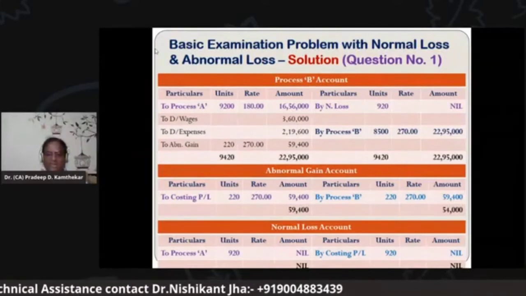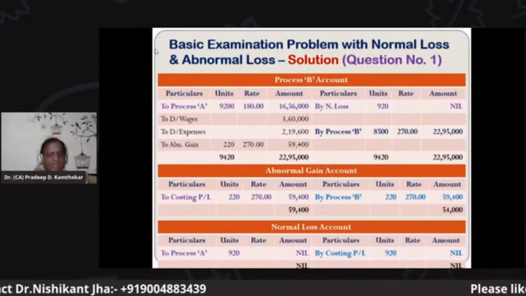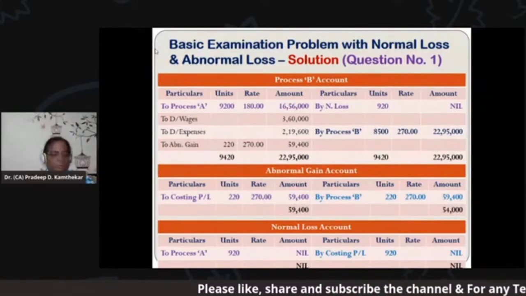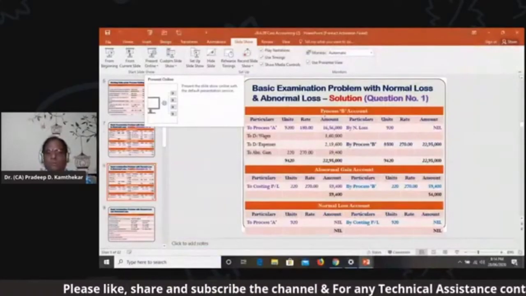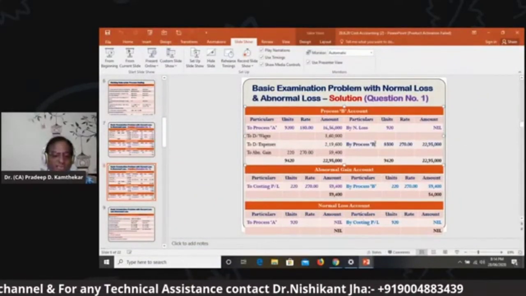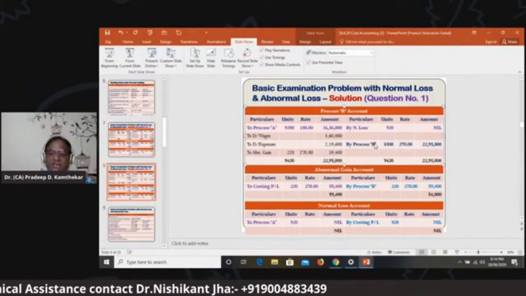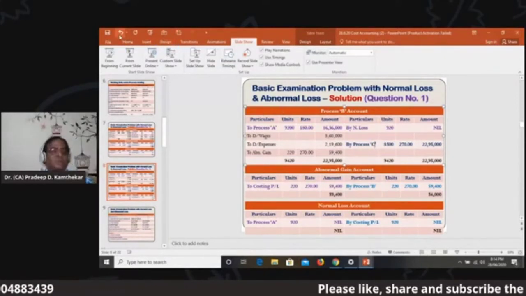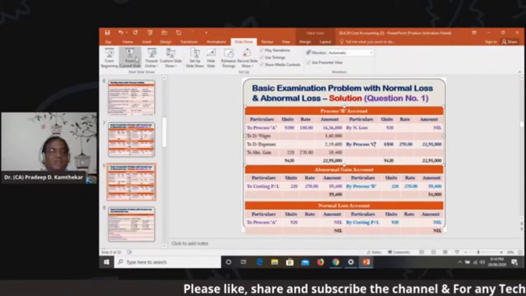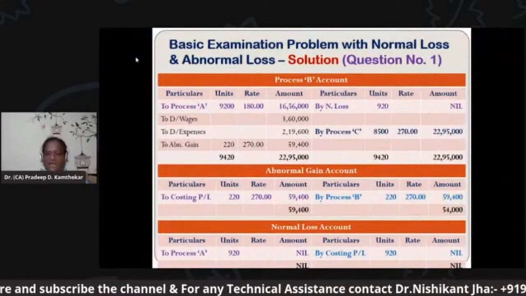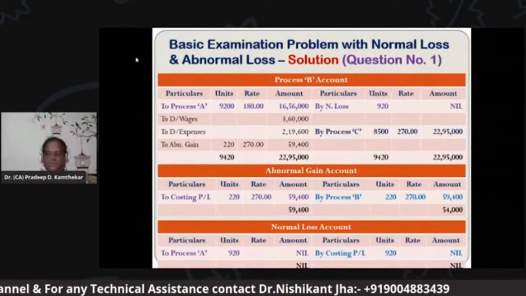And at this 270, we have valued the actual units which are transferred to the next process, and that is process C here. So from process B to process C, the units transferred are 8,500, that is actual, at the rate of CPU 270.